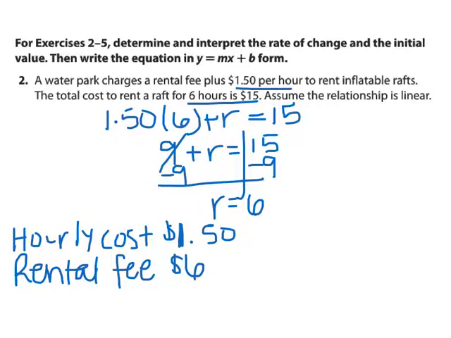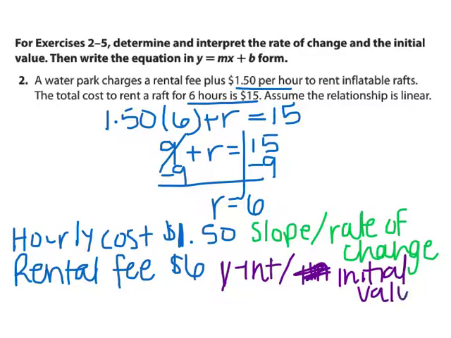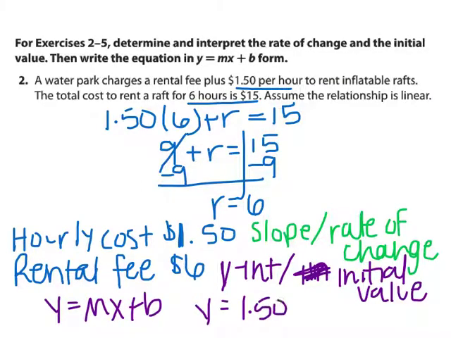So our hourly cost, that's our slope, or rate of change, and then rental fee is our y-intercept, or initial value. So y equals mx plus b. It's y equals $1.50x plus 6.